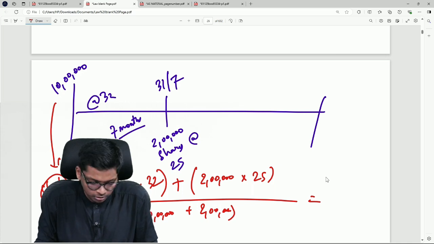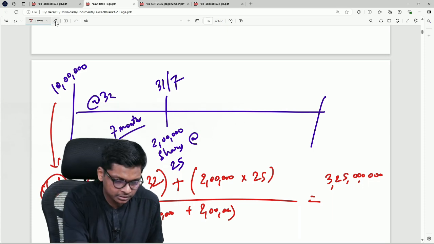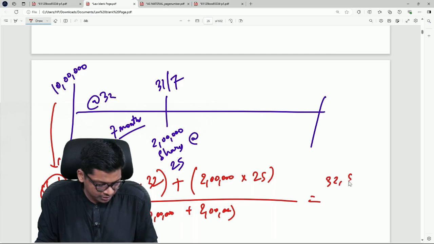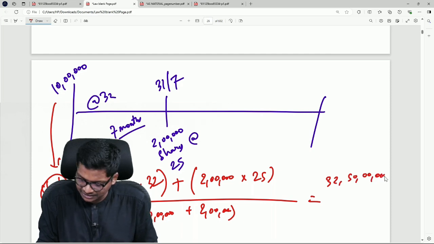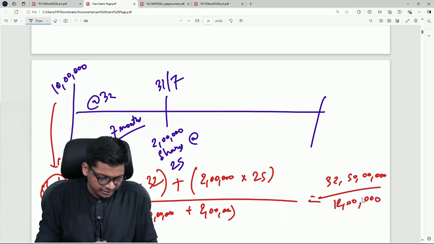The total numerator is 32 crores 50 lakhs, divided by 12 lakh shares.